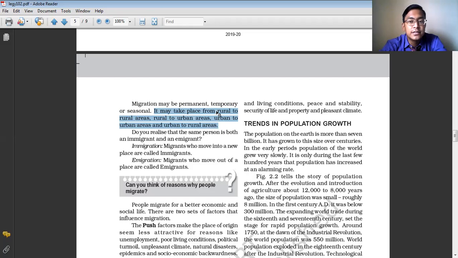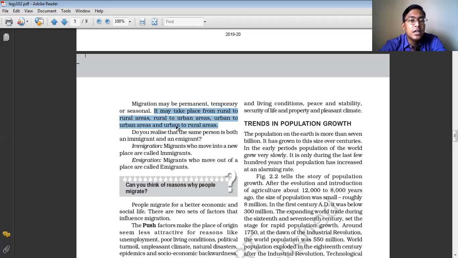That is rural to rural migration, when people migrate from one rural area to another rural area, or rural to urban migration, when people migrate from rural areas to urban areas. And internal migration may also take place from one urban area to another urban area, or sometimes from an urban area to a rural area. So these are the 4 different streams of internal migration.